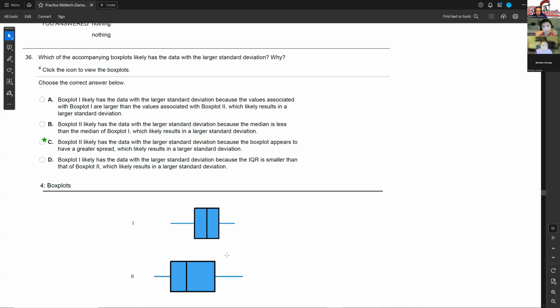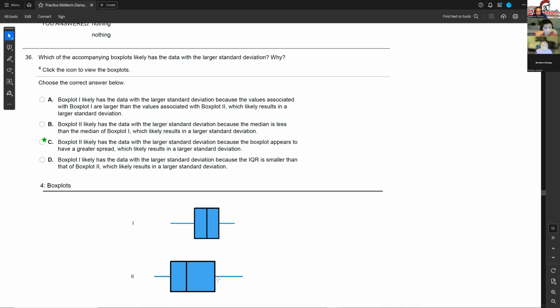Now, out of the two box plots, I like that two. The second one, to me, feels like the data is going to be more spread out. But the lower 25% of the first one is going to be more spread out than the lower 25% of the second one.